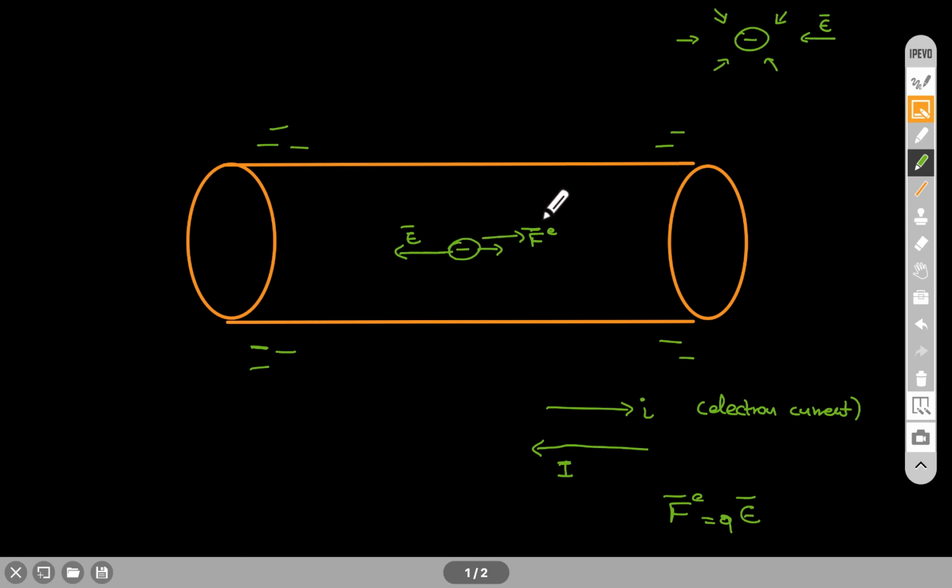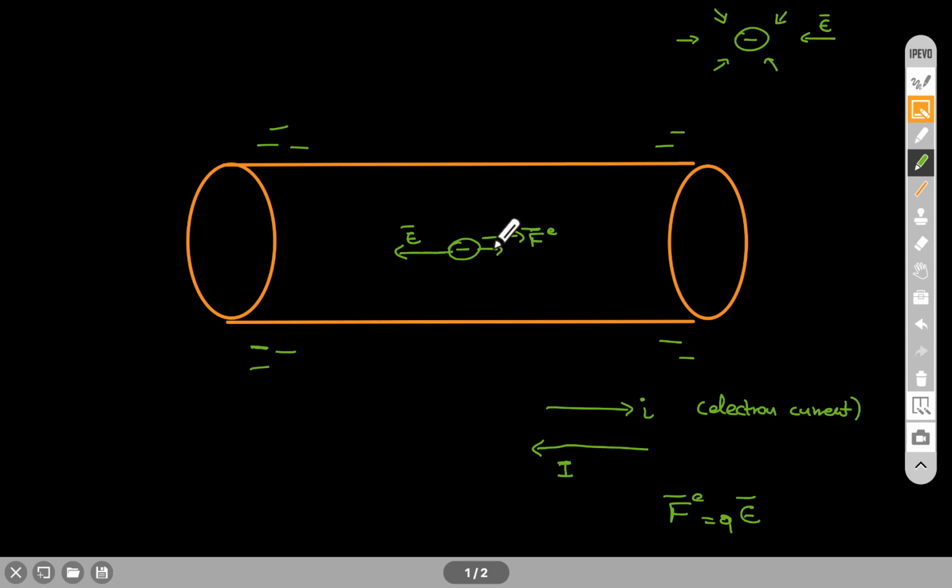So when I have current flowing inside a wire, in order to have that current flowing, there need to be some surface charges on the surface of the wire, and it is the gradient of those surface charges that drives the current inside that wire.